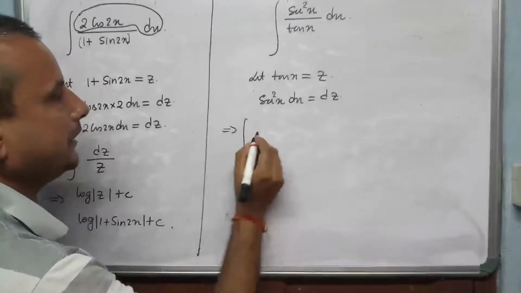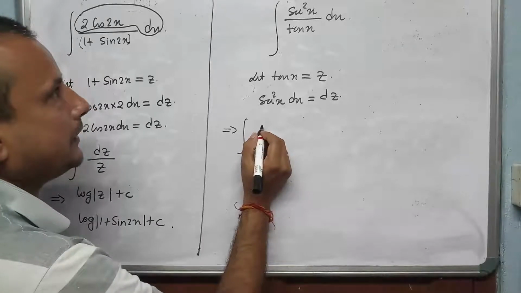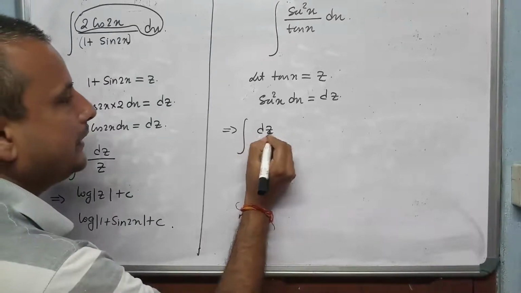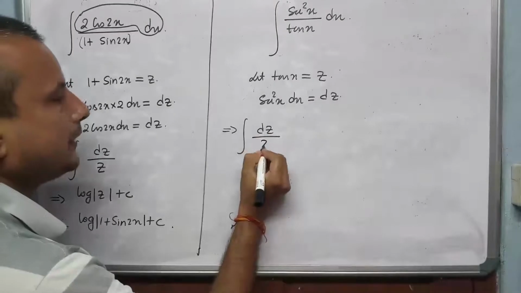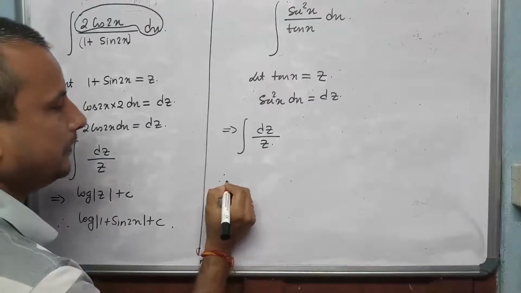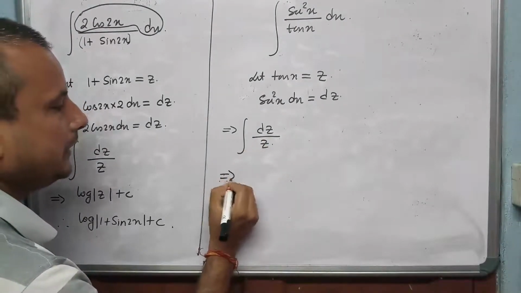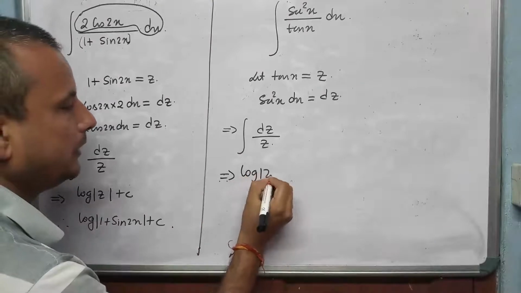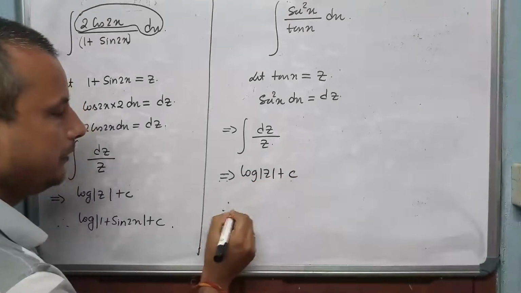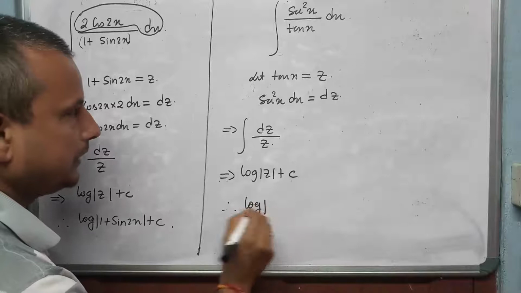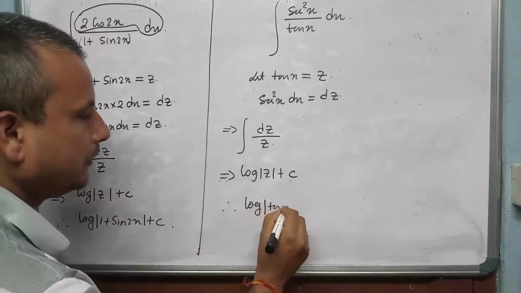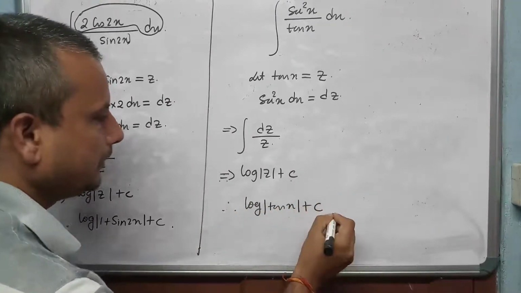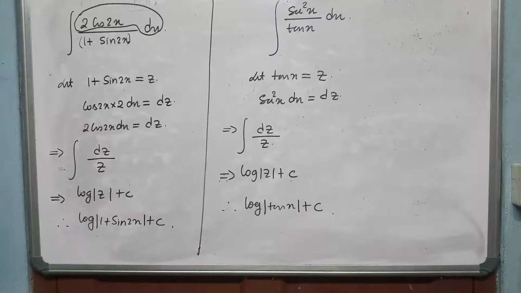Now it is the integration of dz over tan x, which is z. Therefore dz upon z is log mod z plus c. Therefore substitute the value of z. z is equals to tan x, plus c. That is the answer.